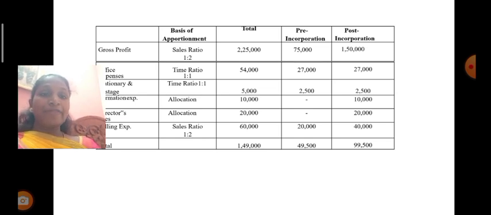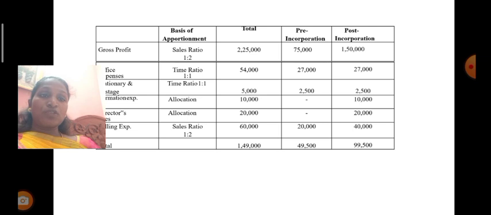So after listing out and posting all the items for pre-incorporation and post-incorporation, we need to add the total expenses amount. After that, income minus expenditure. Here only one income item has come, gross profit.